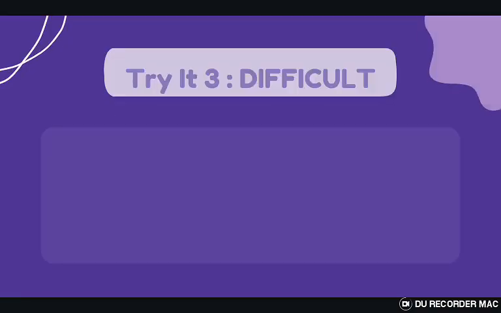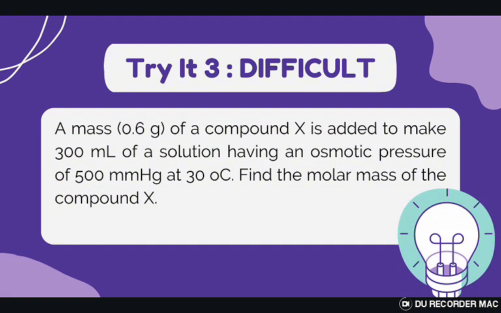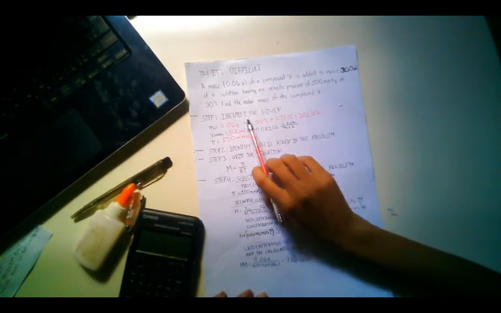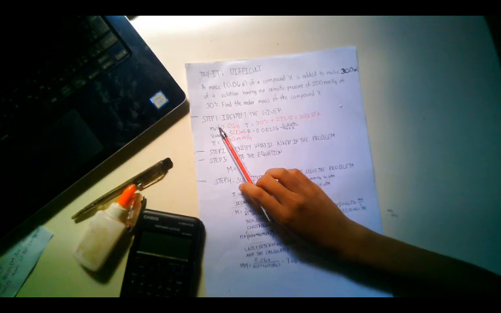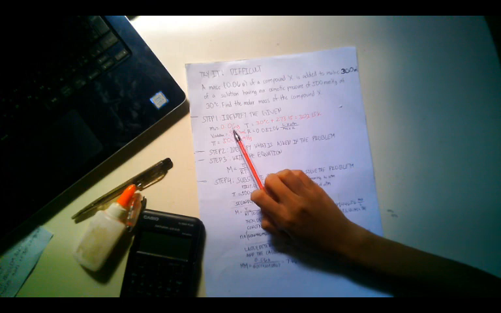Try it. Difficult. A mass of 0.06 grams of a compound X is added to make 300 ml of a solution having osmotic pressure of 500 mmHg at 30 Celsius. Find the molar mass of the compound X. So, step 1, identify the given. We are looking for M, which is our mass, equal to 0.06 grams.